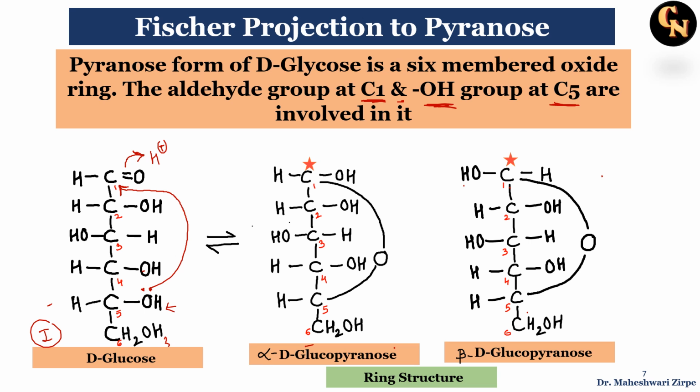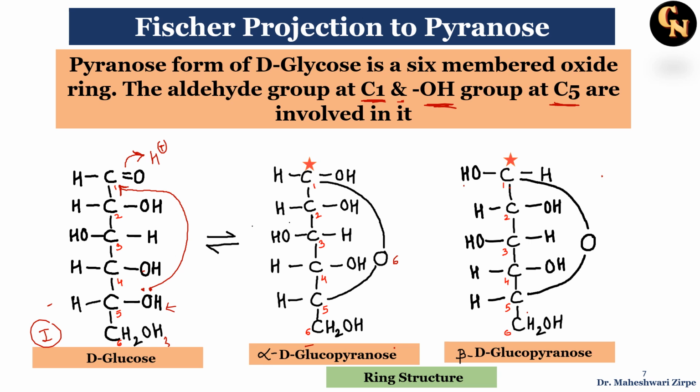If you count the number of carbons and oxygen, they will be 6. So let us count from here. First carbon 1, 2, 3, 4, 5, and this is your 6th, the oxygen. Obviously for the straight chain, the 6th carbon was the last one, but if you make a ring-like structure, the 6th is your oxygen.